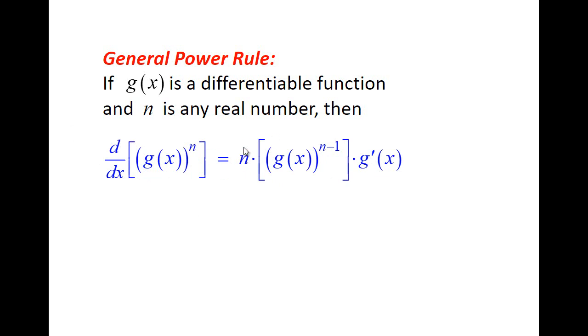So this is by the chain rule, because x to the n is the composition of the function x to the n and the function g of x. So you take the derivative of x to the n, which is n x to the n minus 1, but you evaluate that at g of x, and then you multiply by the derivative of g.